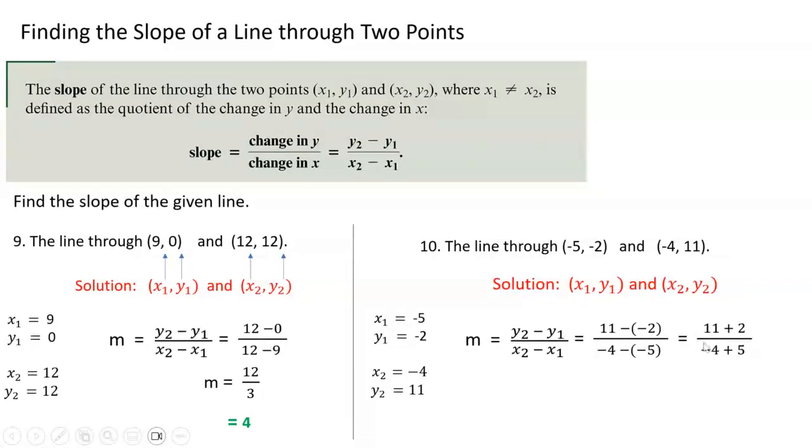So it's going to give us 13 over 1. Same thing on the denominator: minus a negative turns to a positive. That's why this becomes -4 plus 5, which will give us a 1 on the denominator. So it'll be 13 over 1. So my slope is equal to 13.